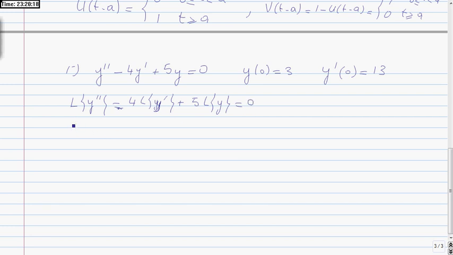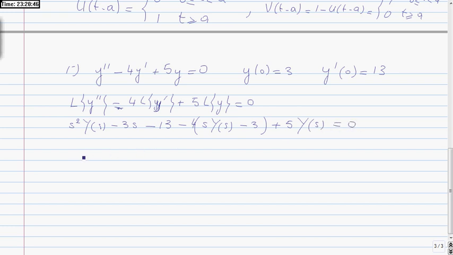Laplace of y second is s squared Y of s minus s y of 0, that means minus 3s, and minus 13, minus 4, we have here s Y of s minus y of 0, that means minus 3, and then plus 5 Y of s, it has to be 0.